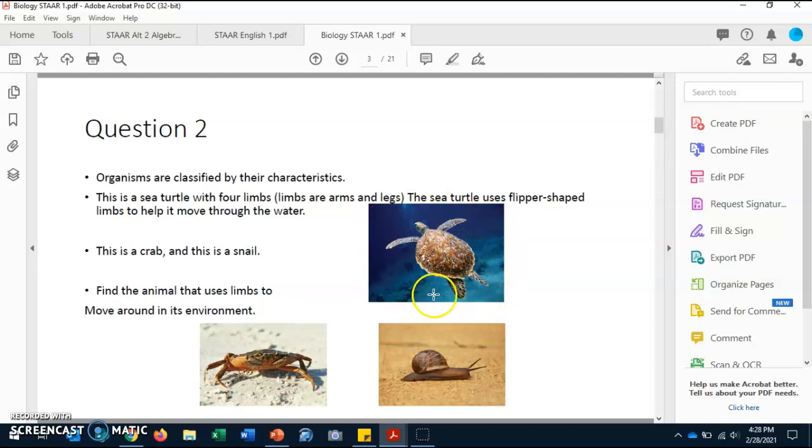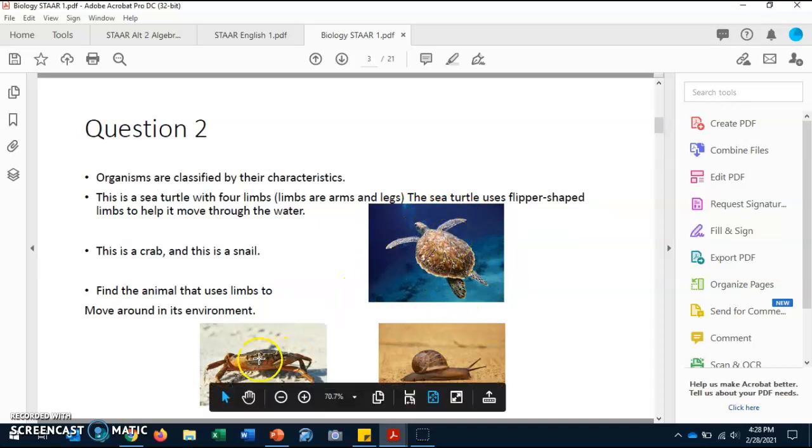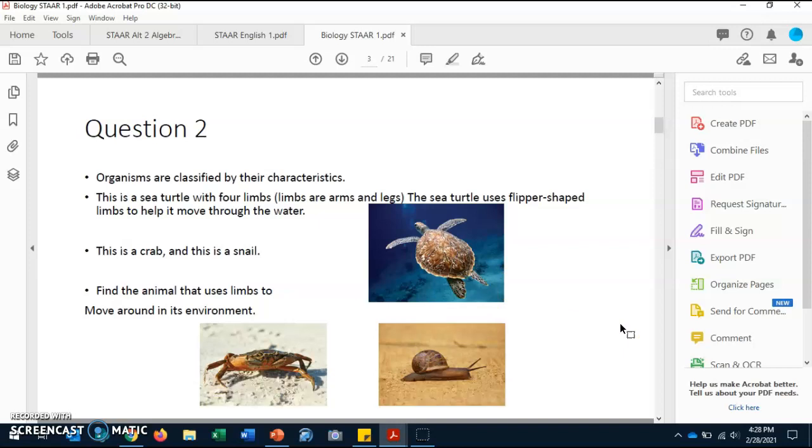So it uses this to help it move through the water. This is a crab, and this is a snail. Find the animal that uses limbs to move around in its environment. So, which is the animal that uses its limbs?